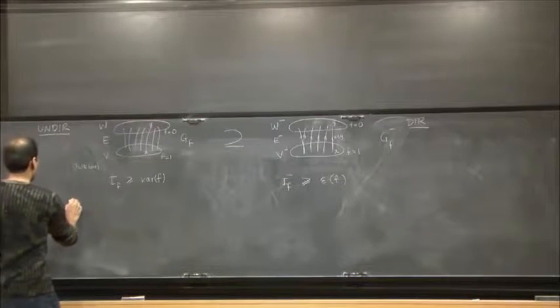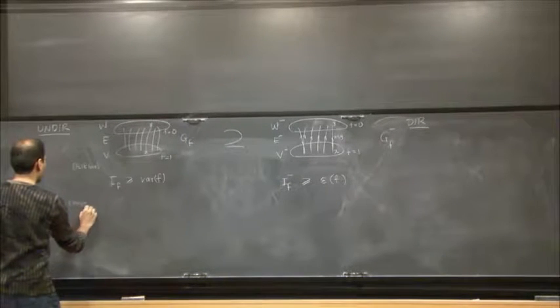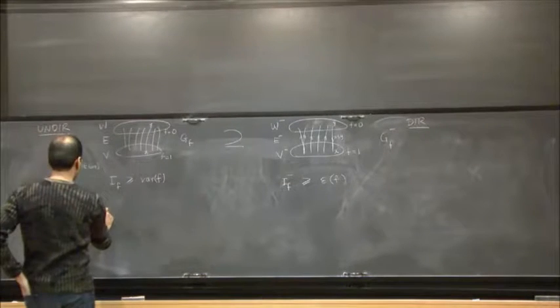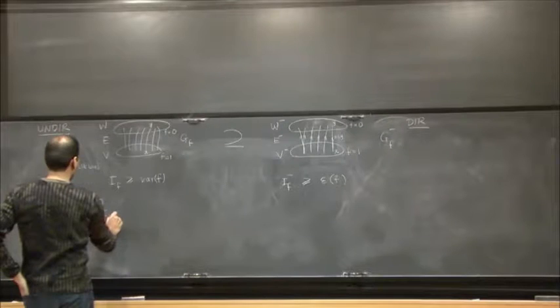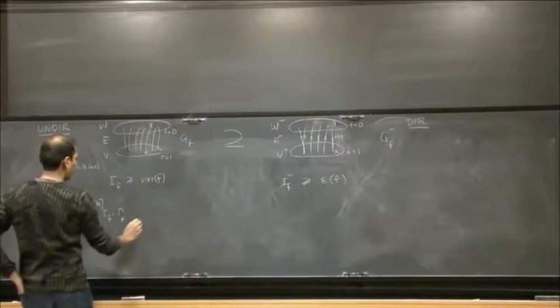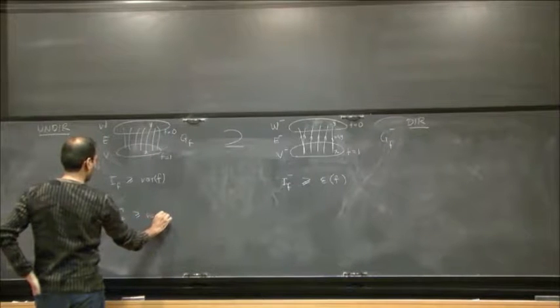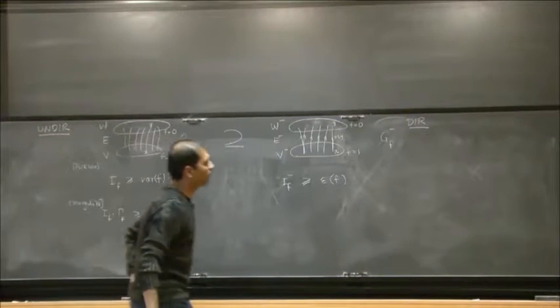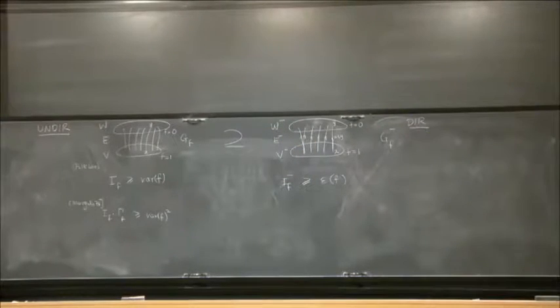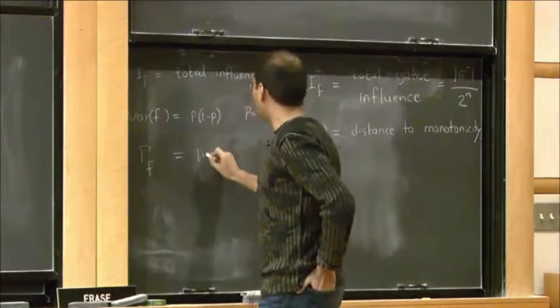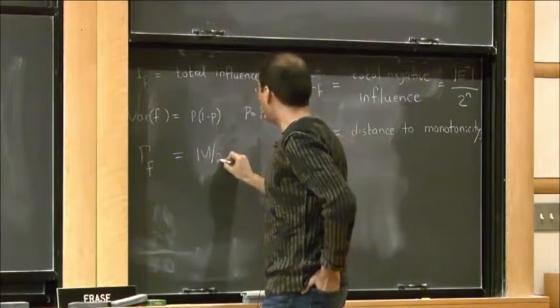So they looked at a theorem of Margulis from '74, which states that for any function, the total influence multiplied by the size of the vertex boundary is at least the square of the variance. Again, I'm ignoring constant factors. So what is the vertex boundary? If you look at that picture, it is the size of the set V divided by 2 to the n.